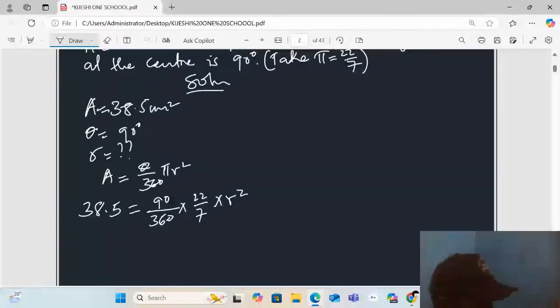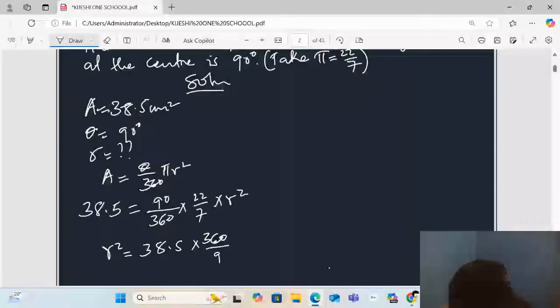To remain with r squared on one side, we have to multiply by the reciprocal on both sides. Therefore, we are going to get r squared as 38.5 times the reciprocal, so we shall have 360 divided by 90 times 7 over 22.